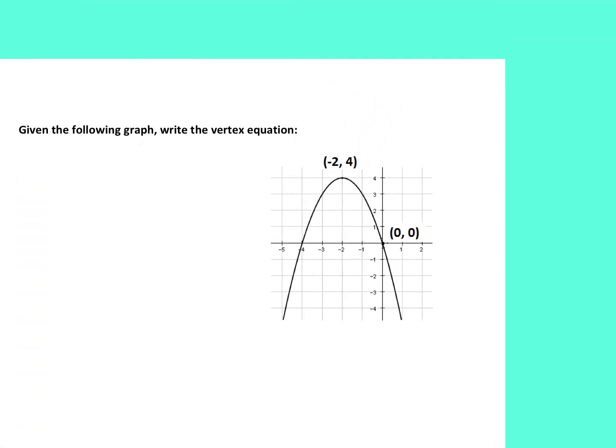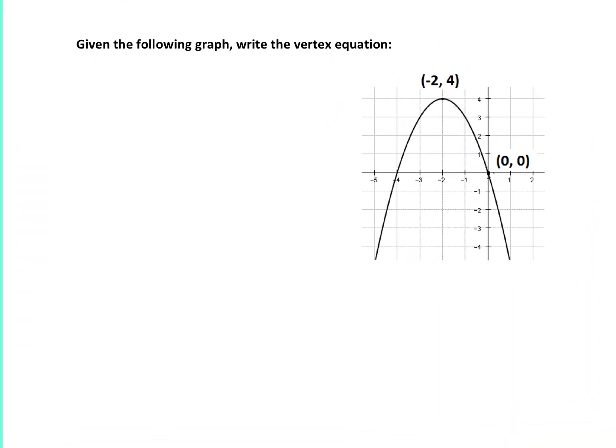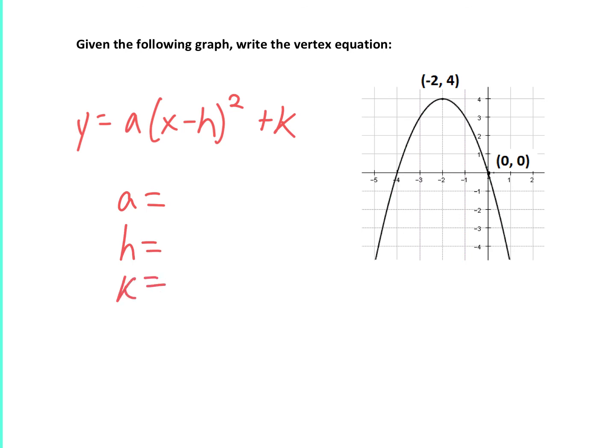Last but not least, this one's easy. Write this in the vertex equation. All you need is A, h, and k. What is A? Negative 1, right?